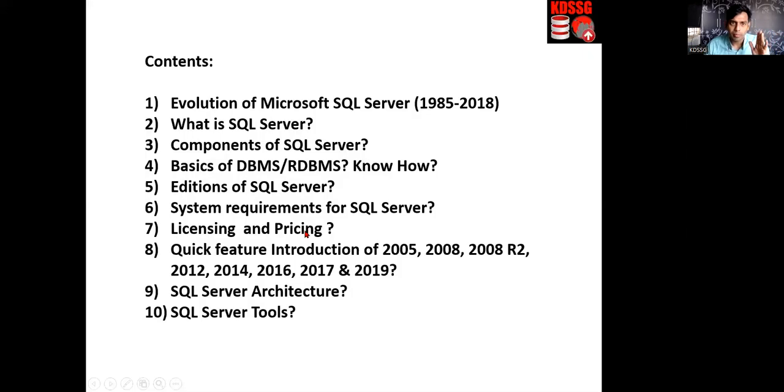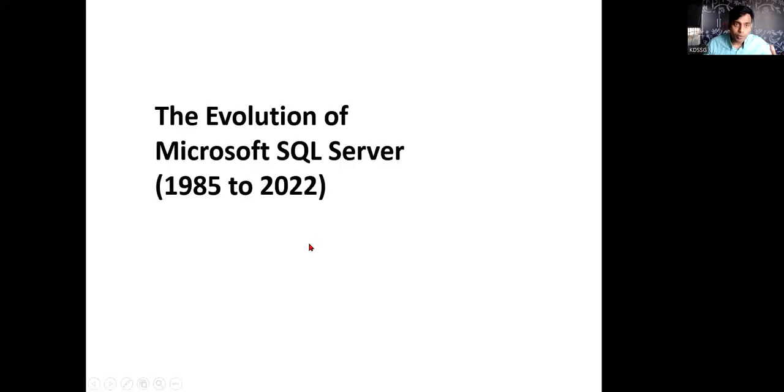So the first 2 sessions that we did were all about the story of SQL Server. Microsoft was not a database company. We all discussed that Microsoft was 200% an operating system company.